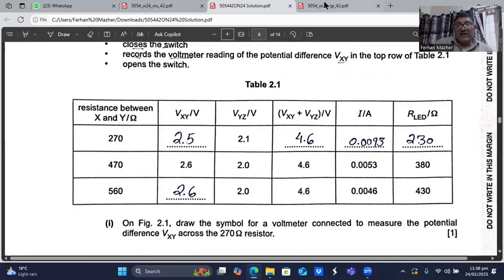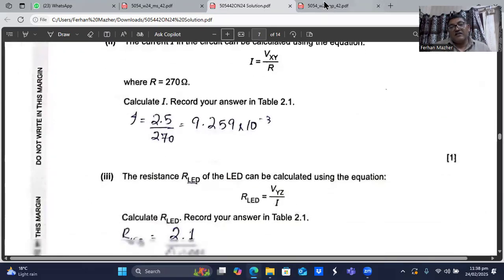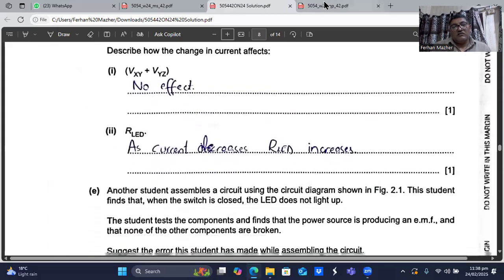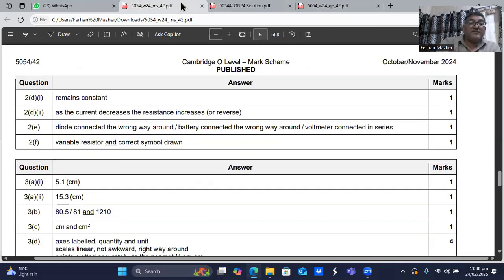Yes, the resistance of the LED is increasing. From that table, I can tell you this: as the current decreases, the resistance of the LED increases.